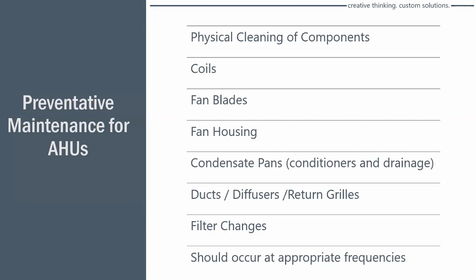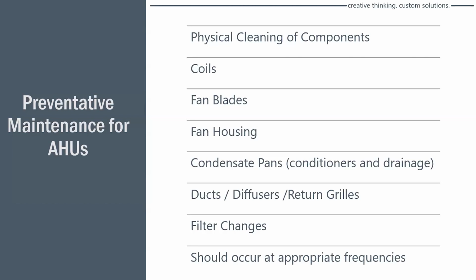So you can also look at things like how often are the diffusers and return grills cleaned. I think we've all probably seen an office building that's maybe a little bit older, doesn't look great, not taken care of very well, with the supply vents and return grills covered in debris, electrostatically charged particles that just need to be cleaned.